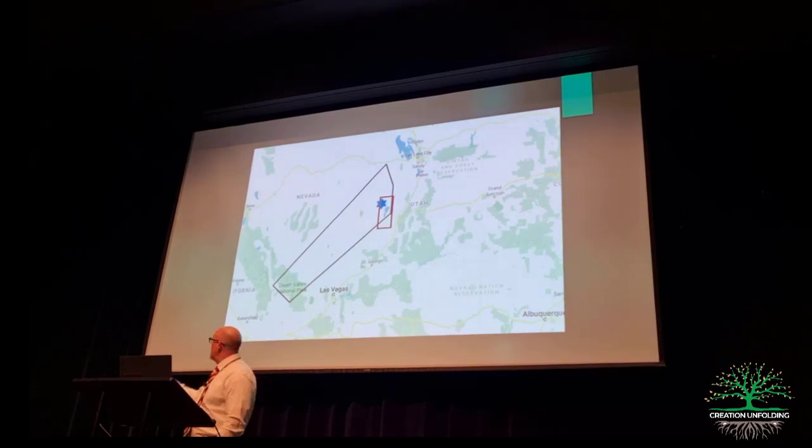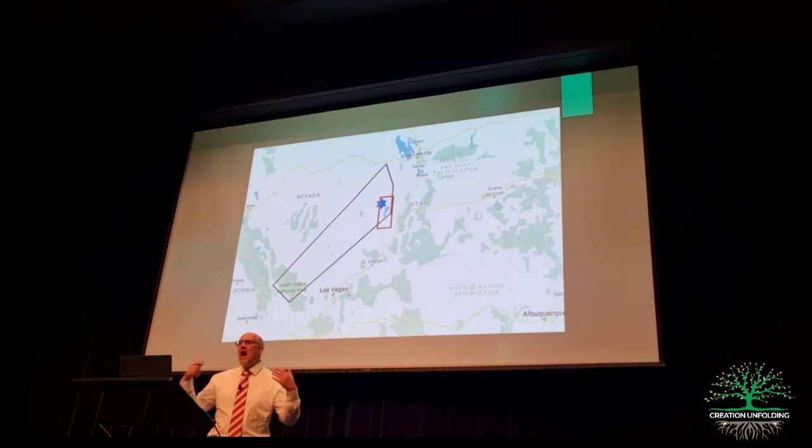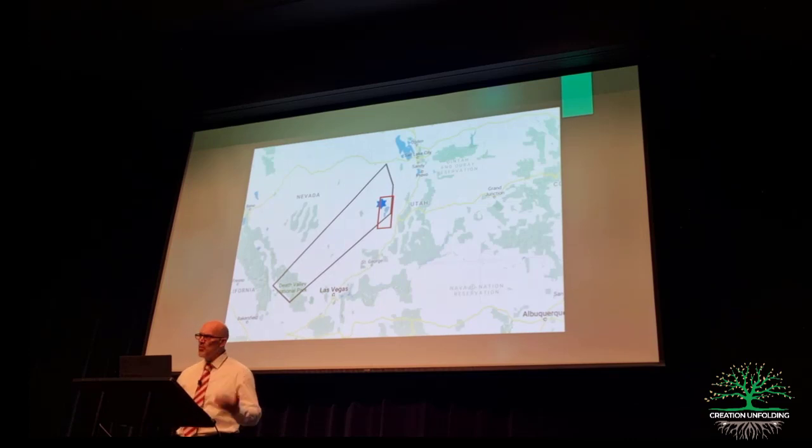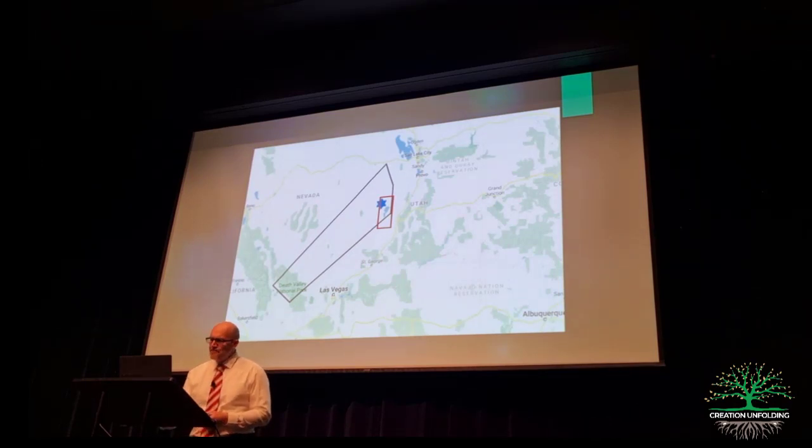So going from eastern California through Nevada on into western Utah. So we're talking about hundreds of thousands of square kilometers of stromatolites that are multiple layers, multiple horizons with hundreds of meters of thickness of stromatolitic material.